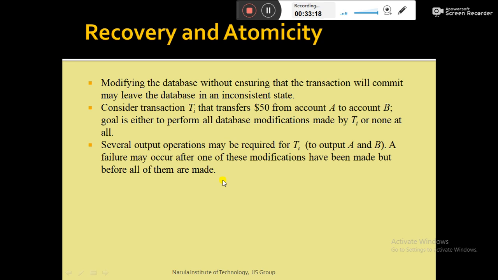Why? Because due to some failure, the transaction Ti is not able to update all the data items. That is why it becomes an inconsistent state and does not preserve atomicity. So the recovery system has to deal with this type of thing.